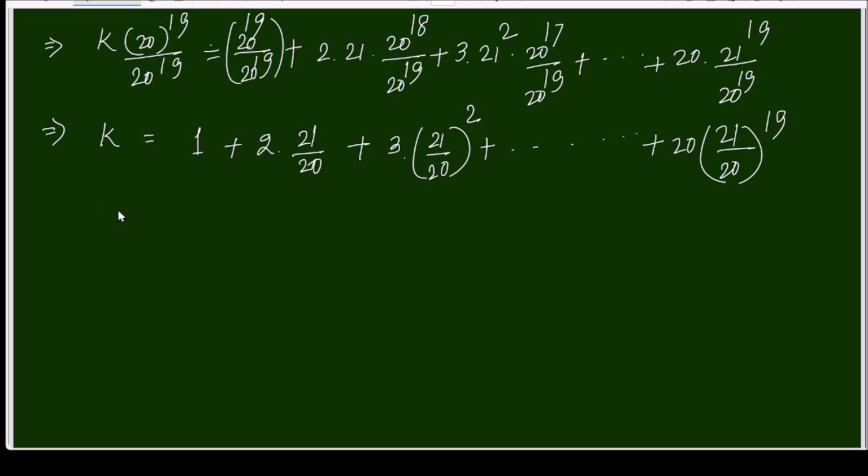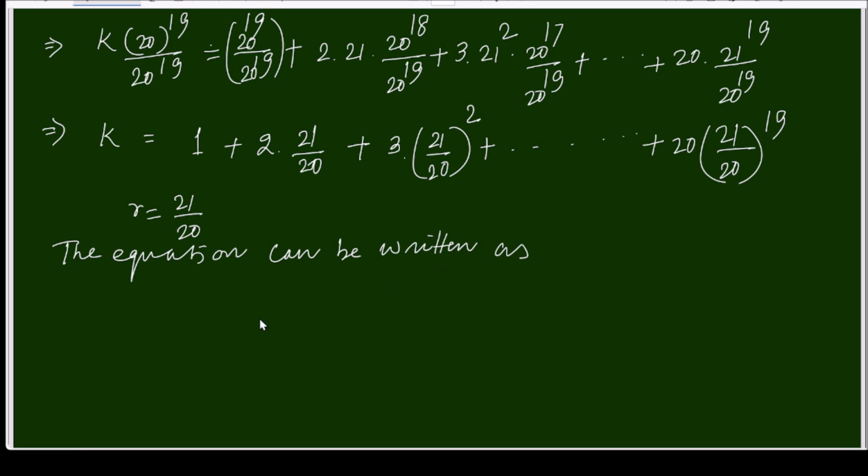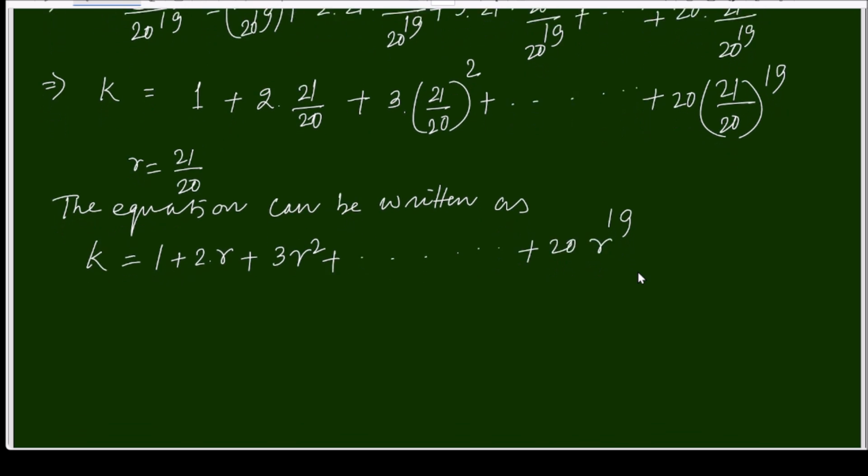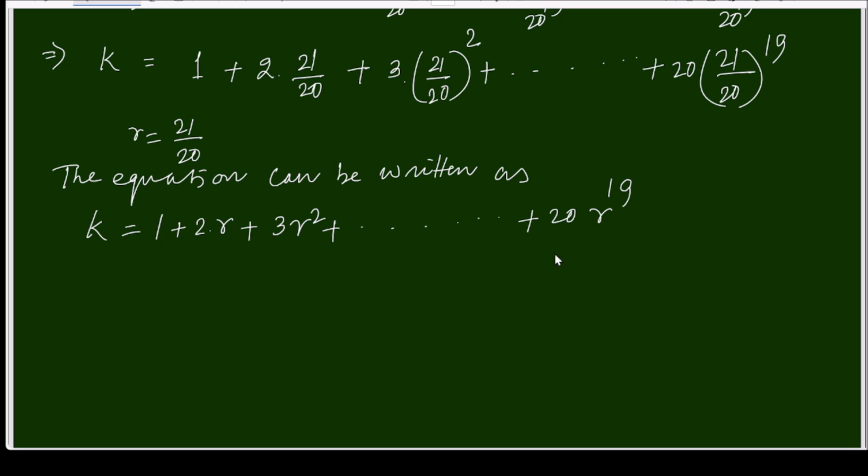If I take r as 21 by 20, then the equation can be written as k equals 1 plus 2r plus 3r² and so on, and the last will be 20 r to the power 19. So the series. We know how to find the sum of this series.